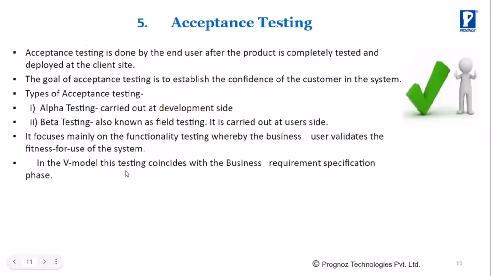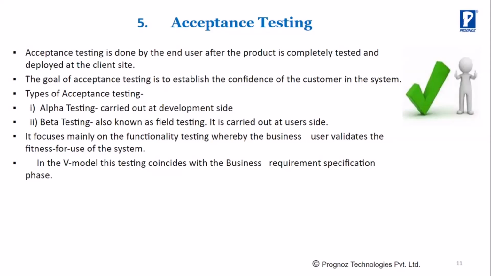So in UAT, user acceptance testing, there are two types, alpha and beta. Alpha is done at the development side and beta is done at the field side or at the user's location. मतलब जहाँ पे customer site और field site, field testing we can do. And user side मतलब जो end user है उसके यहाँ पे system deploy होता है and वहाँ पे test होता है.